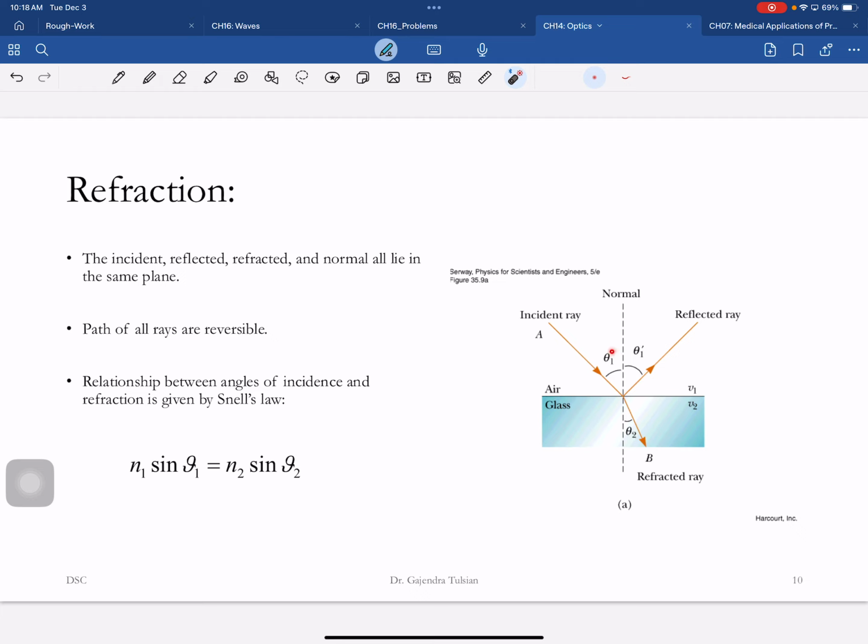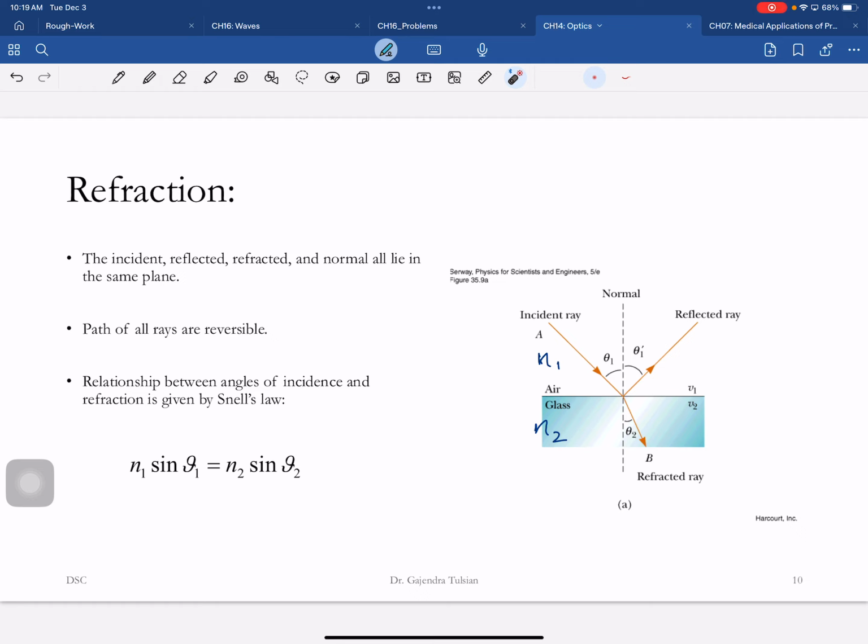There's a formula that relates the two angles, and this is given by Snell's law. Snell's law says N1 is the refractive index of medium 1, N2 is the refractive index of medium 2. N1 times sine theta 1 is equal to N2 times sine theta 2. That's just a formula that relates the two angles.